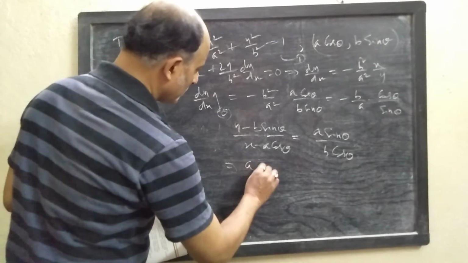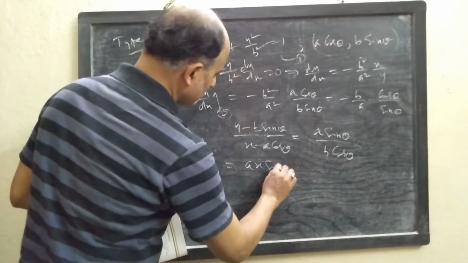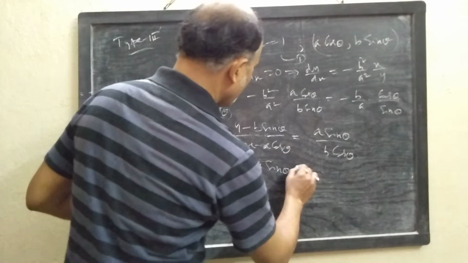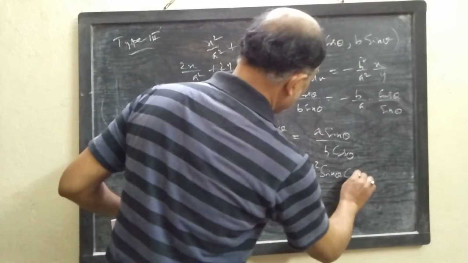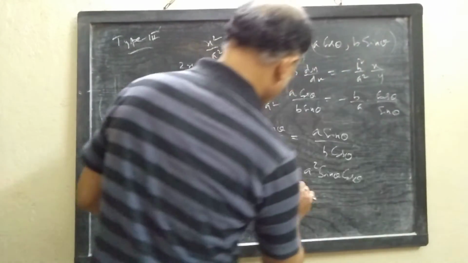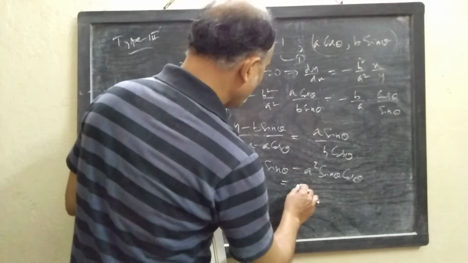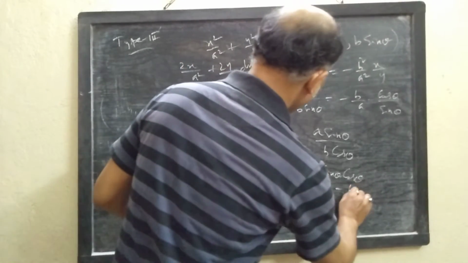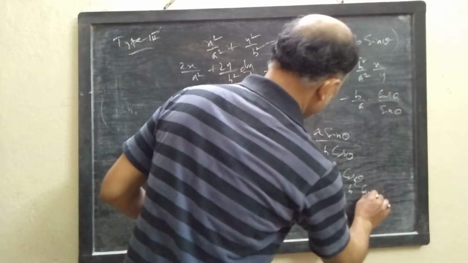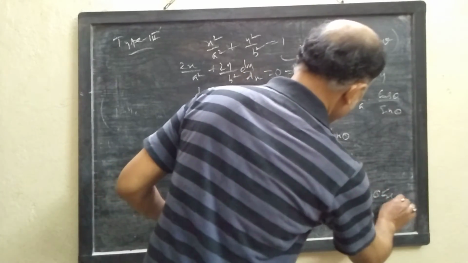You get ax sin theta minus a square sin theta cos theta equals by cos theta minus b square sin theta cos theta.